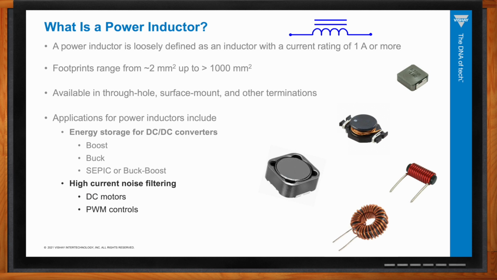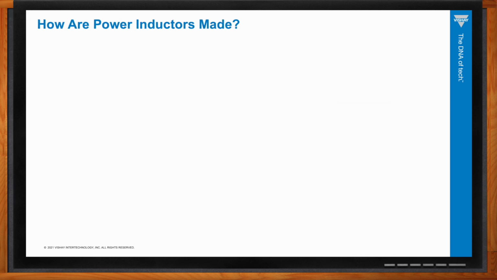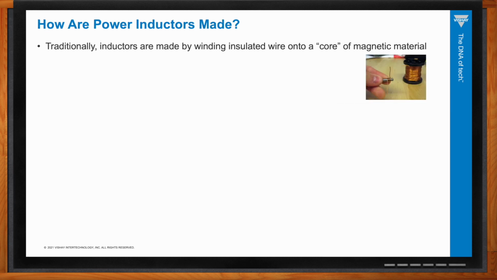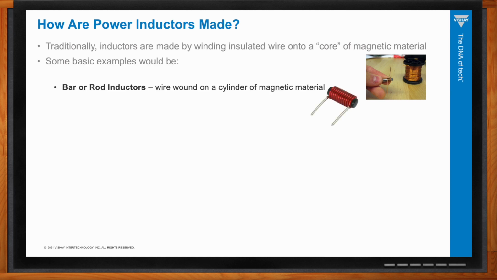Okay, great. Now, Tim, can we also talk about how these power inductors are constructed? Absolutely. So traditionally, inductors are made by winding an insulated magnet wire onto a core of magnetic material. So some examples would be bar or rod inductors, where it's simply wire wound on a cylinder of magnetic material. These are probably the simplest and the cheapest type of products on the market that would qualify as power inductors.